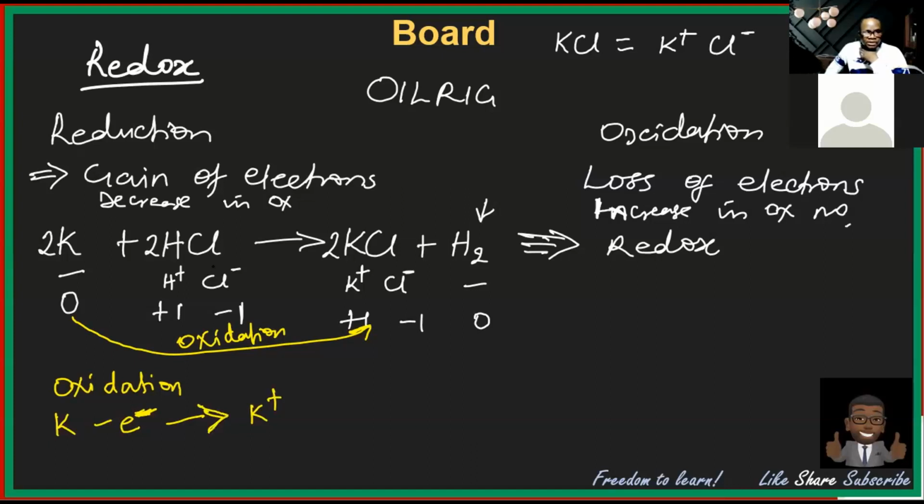Now here, chloride is not changed. Chloride is -1 here and -1 here. It means chloride is not changed. So let's check hydrogen. Hydrogen moved from +1 to 0.